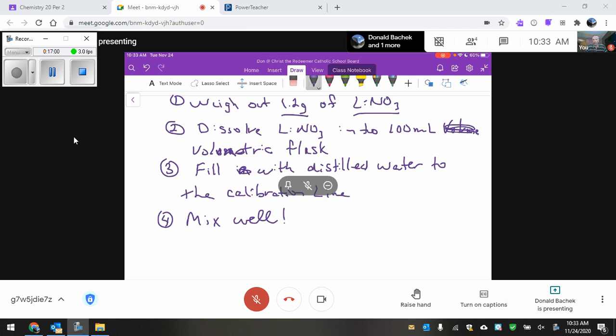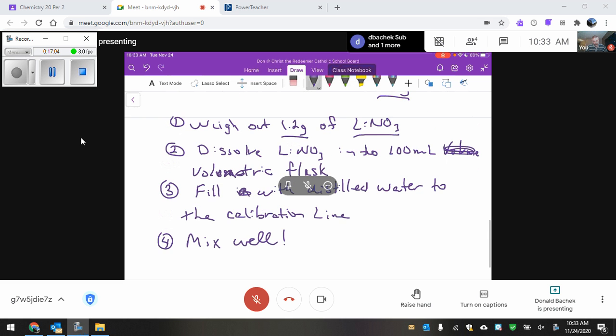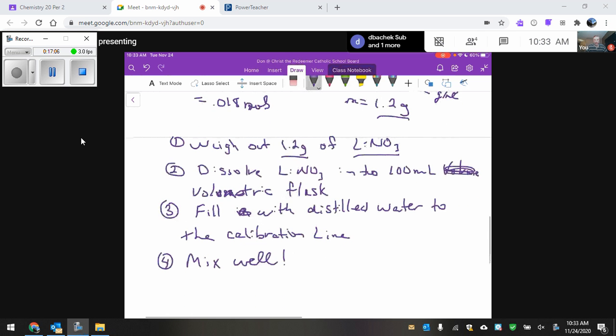Okay, all right. So that's all I got for that lesson 4, and that's how you make a standard solution. Usually we're going to have a concentration. In most cases, not all, but most cases, we'll assume it's 100 milliliters. So that gives me C and V. We find n.